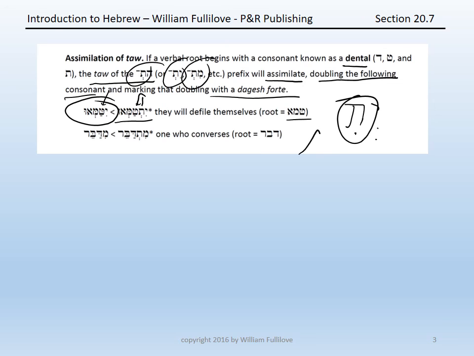If you wish to add the participle prefix mit to davar, you would get an expected form of mit daber, but in fact the tav assimilates into the dalet. You have midaber, and you have to realize that this is a hit pa'el form, that the dalet has a dagesh forte indicating the original presence of the tav of the hit pa'el.